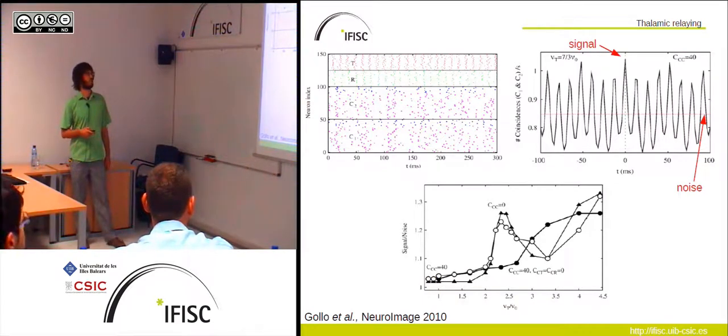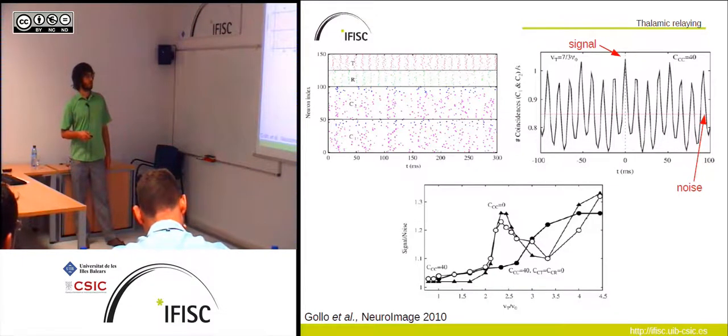So one can look at the signal-to-noise ratio, and for the thalamocortical circuit, we see it has a local maximum, which optimizes the signal-to-noise ratio. And this occurs if the cortical areas are connected or if they are unconnected.